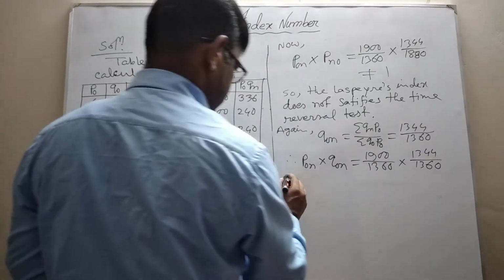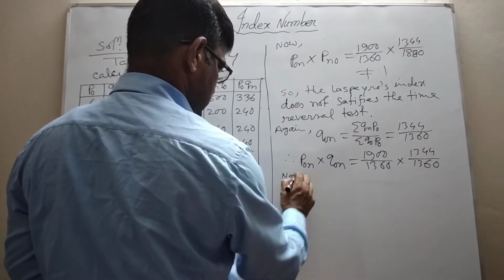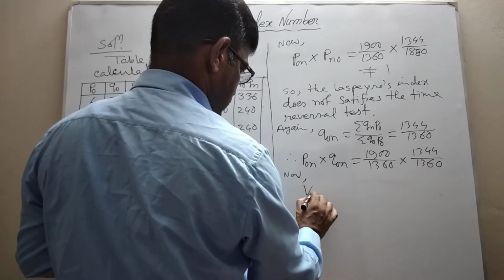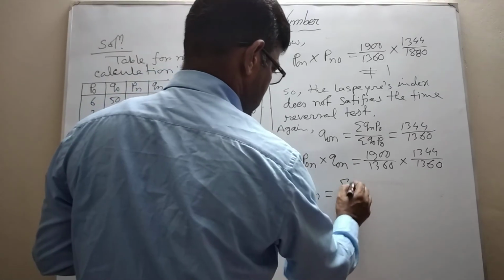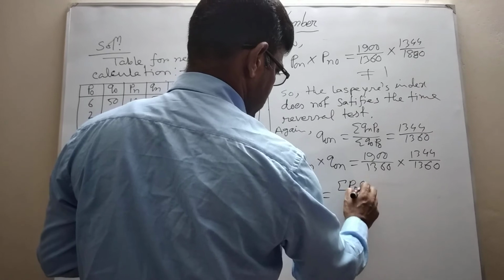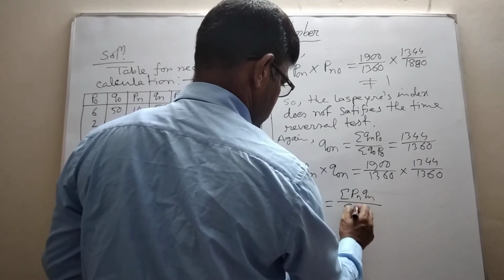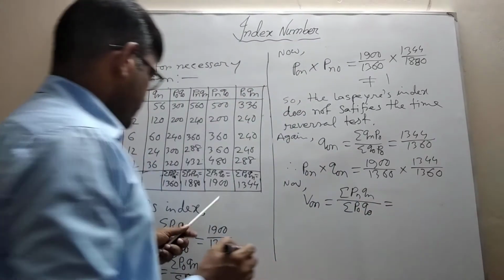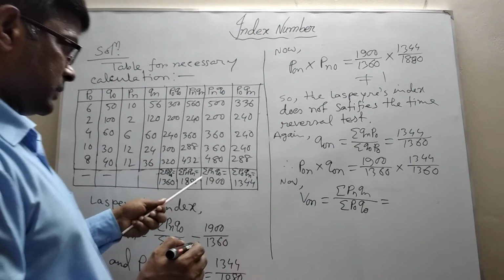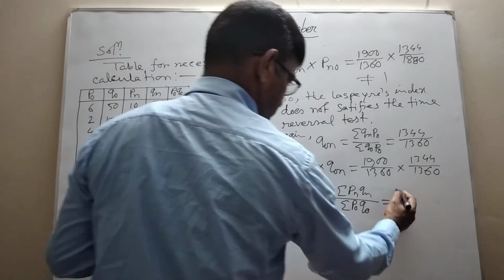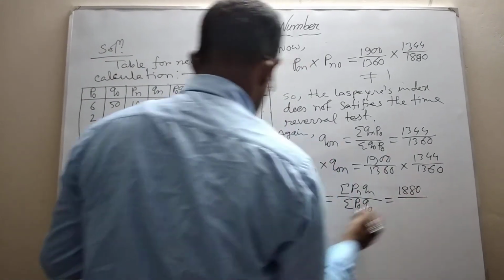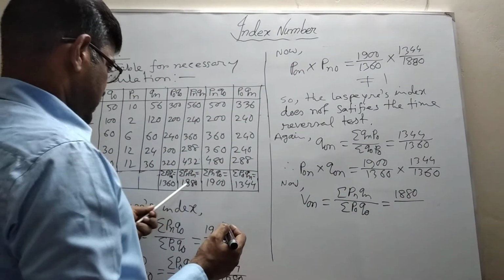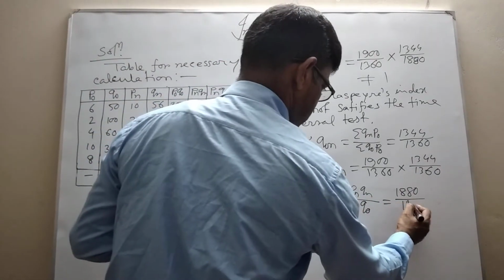Okay, now again, V01 equals summation P1Q1 by summation P0Q0. Now putting the value from the table, P1Q1 means 1880 and P0Q0 1360.